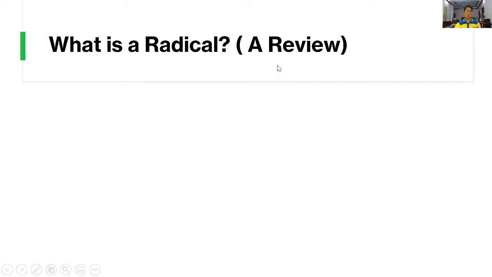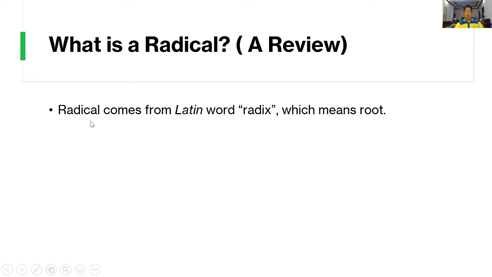Yung pinanggalingan ng salita. So in this case, radical comes from the Latin word radix, which means root. So, gaya po nung nabanggit ko, yung mga salita, may pinanggagalingan po siya. Kaya nabuo yung mismong pangalan niya. So, yung radical came from the word radix.